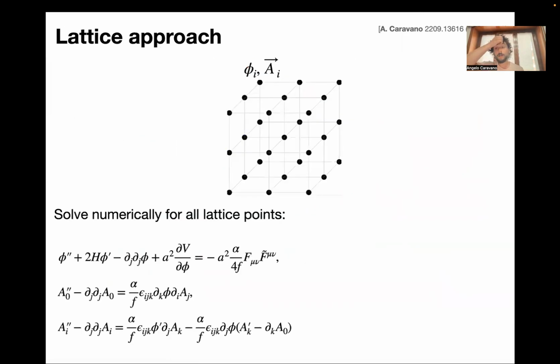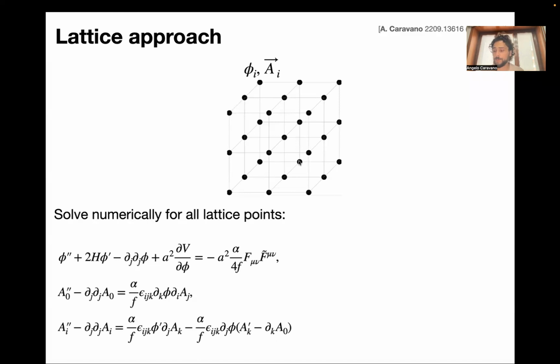Now, very briefly, the lattice approach works like this: instead of solving the system perturbatively, we discretize the inflationary spacetime, and to each point of the spacetime we associate field values, both for the inflaton field and for all the other fields in your model. Then we solve the full nonlinear equations of motion numerically across all space points.